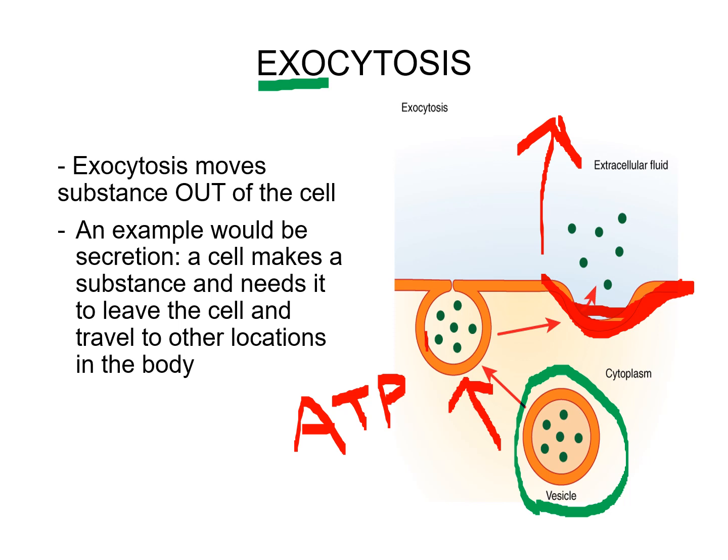We talked about primary active transport, and the big example was the sodium-potassium pump. And then we have this moving stuff in and moving stuff out of the cell. A lot of times this is called vesicle-related movement because of those bubbles. And those were endocytosis and exocytosis.